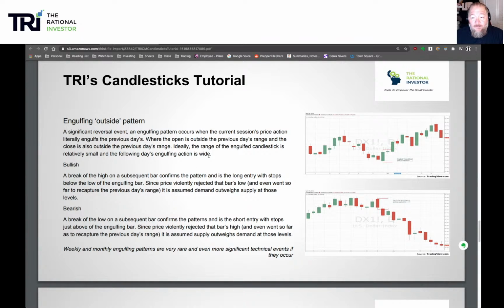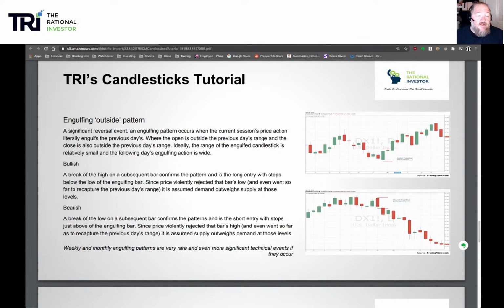Engulfing patterns. All right. So an engulfing pattern is where we go from a small candlestick to a large candlestick. Specifically, we want to see the body of the engulfing candlestick, so the box, encompassing the entirety of the candlestick that's being engulfed.